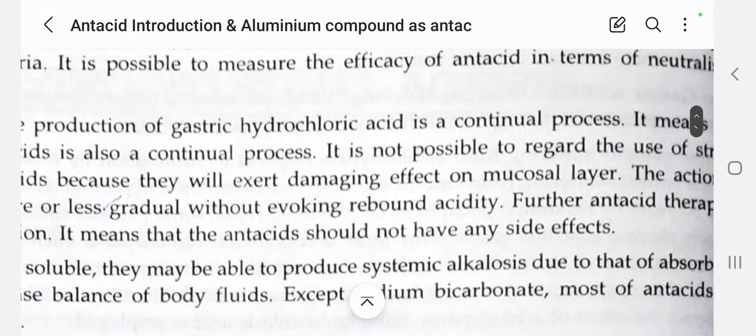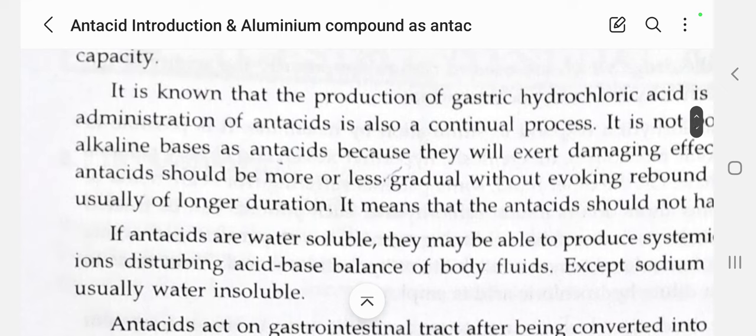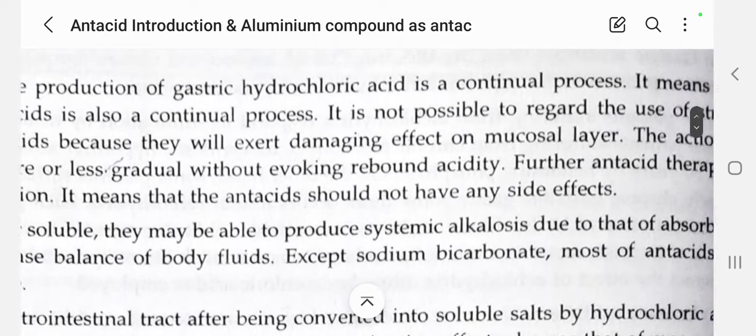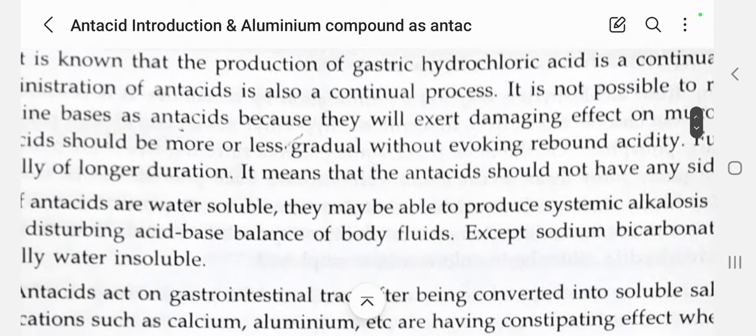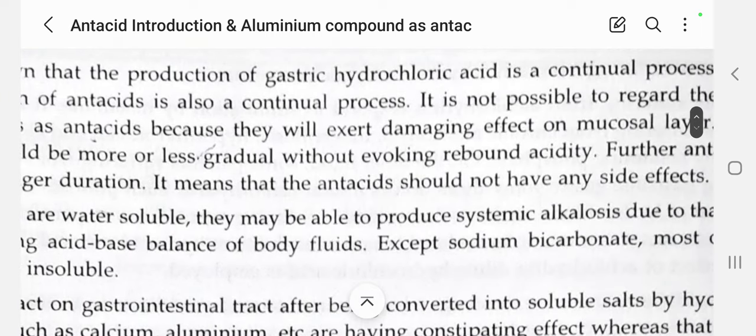The action of an antacid should be more or less gradual without evoking rebound acidity. Further, antacid therapy is usually of longer duration, which means that an antacid shouldn't have any side effects.